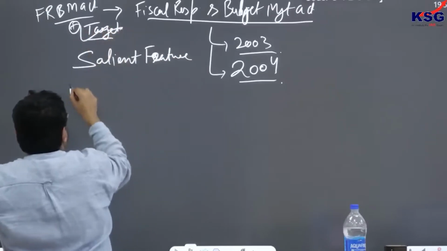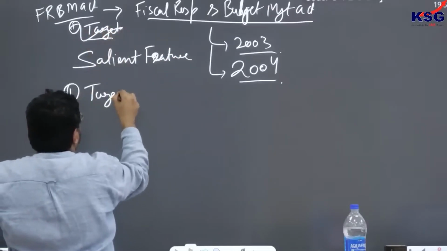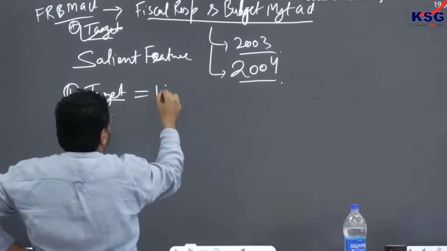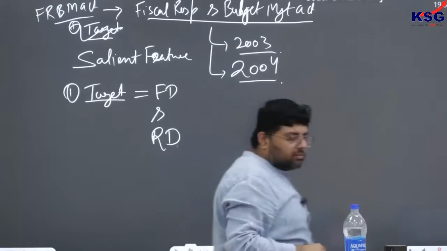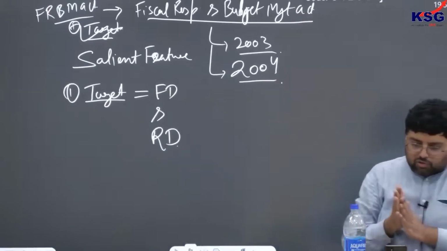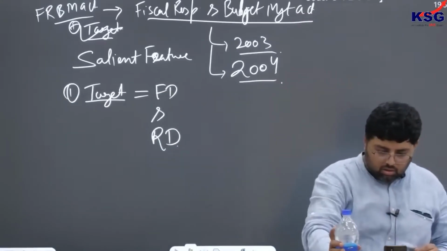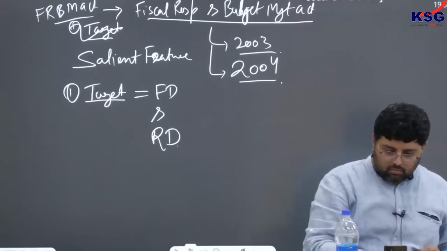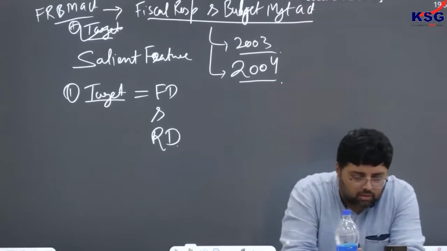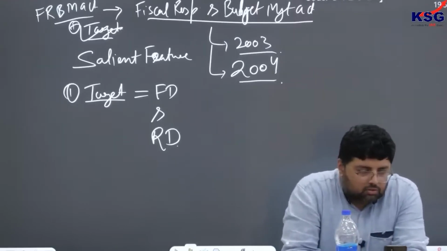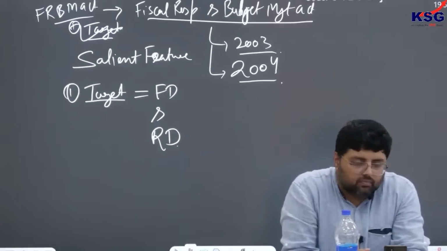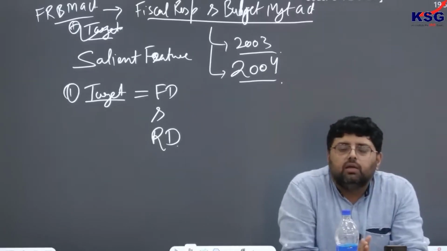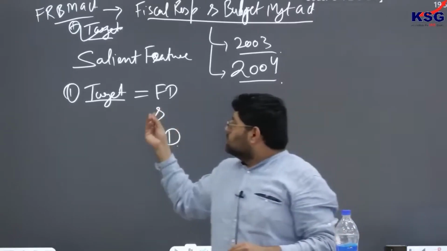Number 1, it talks about targets in terms of FD and RD. The FRBM Act gives targets in terms of FD and RD.